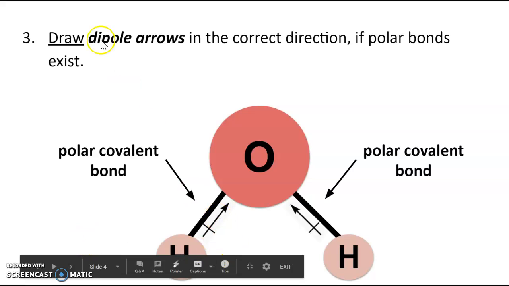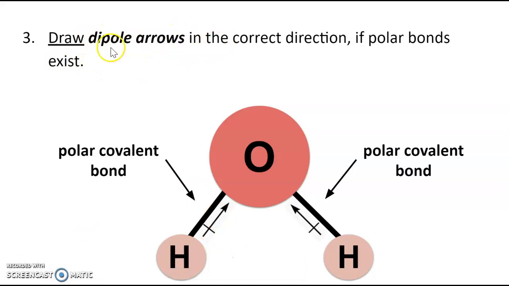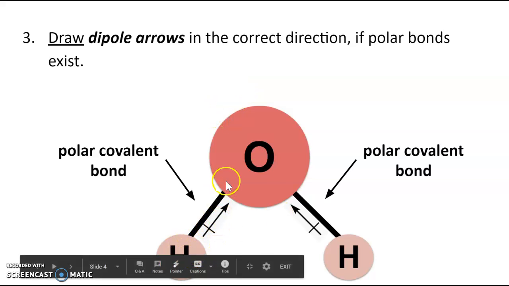All right, so now we want to draw our dipole arrows. So our dipole arrows show us which direction our polar bonds are pointing. So oxygen is more electronegative by a lot. So it's going to be pulling the electrons more towards itself.